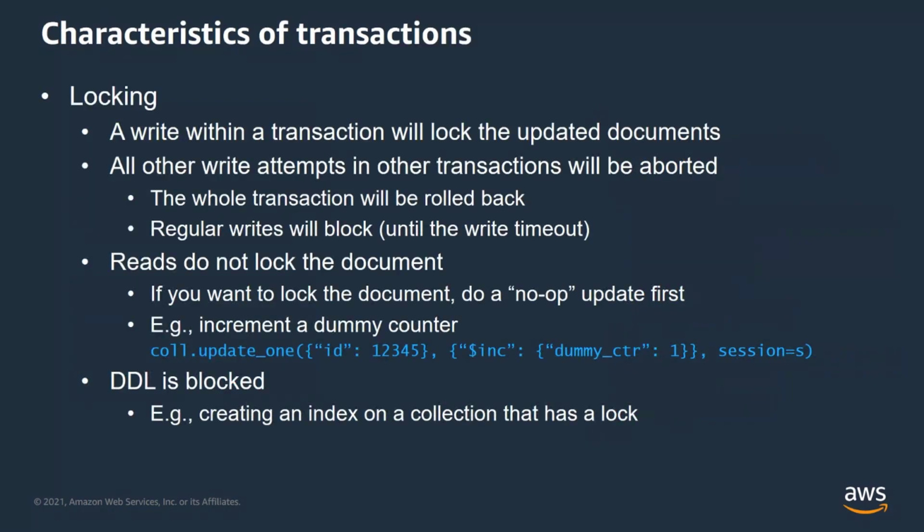Now, there's one more aspect that we want to talk about, and that has to do with write locking. There are a couple of different ways to handle concurrency in general with database systems. One of them is to do write locking, and another one is what DocumentDB actually uses, or used prior to transactions and still uses for regular operations, which is something called multi-version concurrency control.